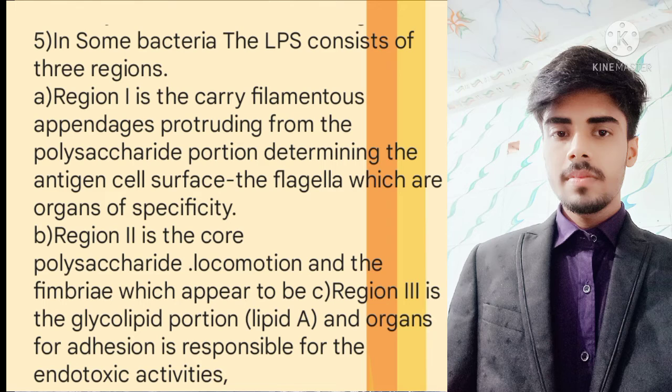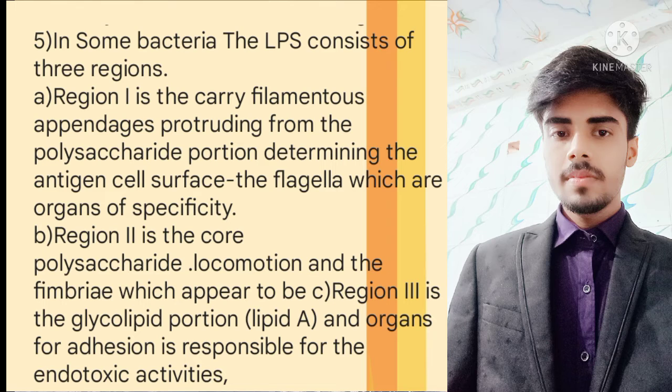In some bacteria, the lipopolysaccharide consists of three regions, and we will discuss them one by one in detail. The first region is the filamentous appendage protruding from the polysaccharide portion, determining antigen specificity.